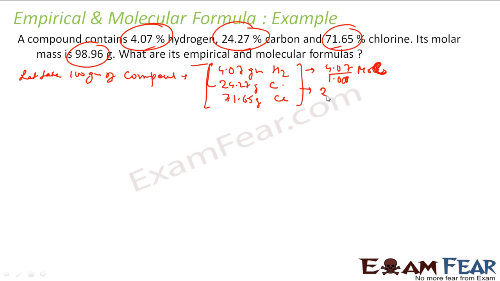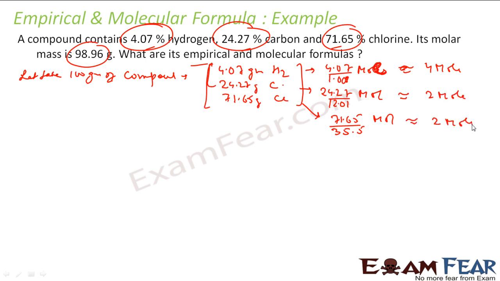Carbon will be 24.27 divided by the atomic mass of carbon, 12.01, moles of carbon, and chlorine will be 71.65 grams, nothing but 71.65 divided by the atomic mass of chlorine, 35.5, almost moles of chlorine. This guy is almost equal to 4 moles, this guy is almost equal to 2 moles, and this guy is almost equal to 2 moles.